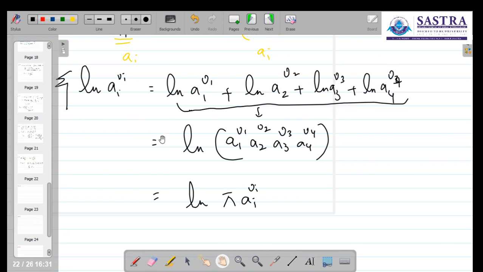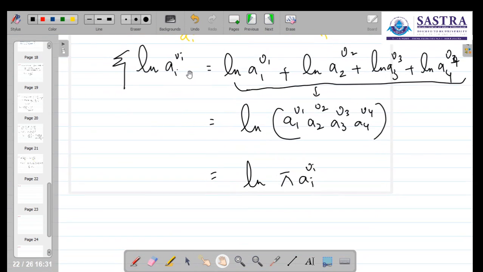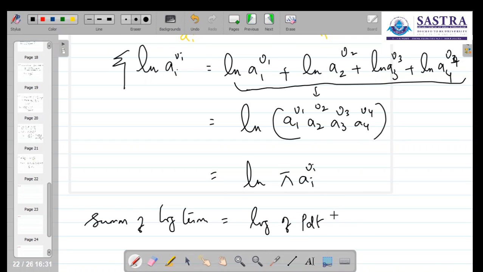So this is why I said that the summation of a log is equal to the log of a product. This transforms the summation of log terms to the log of the product terms, right?